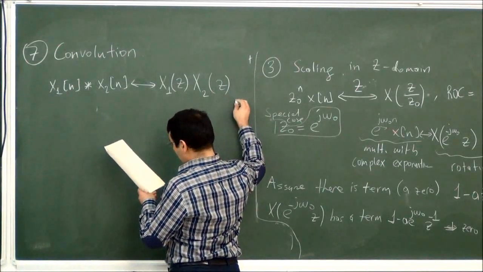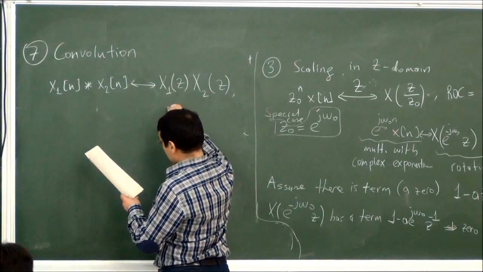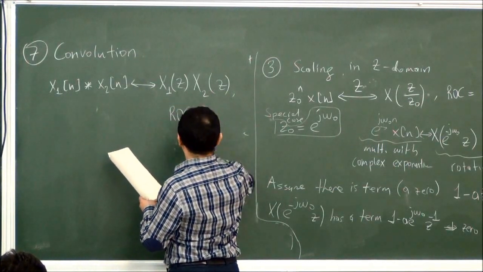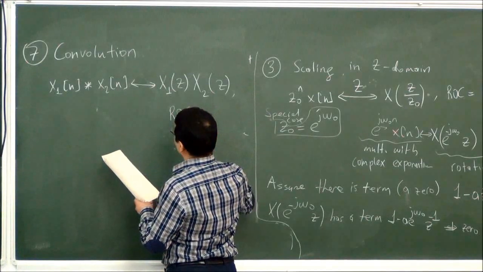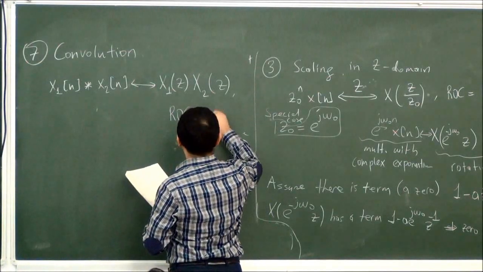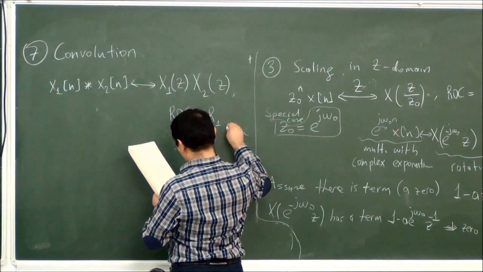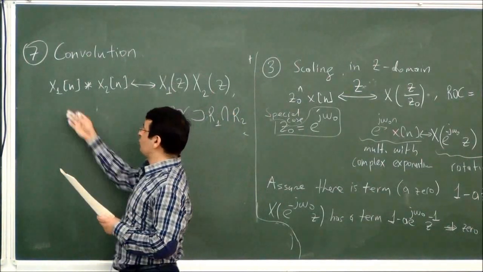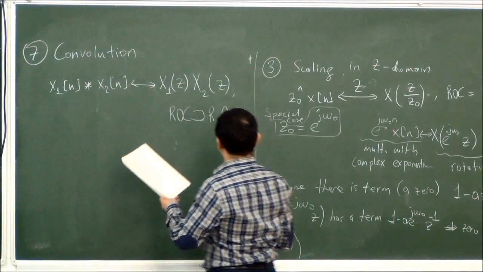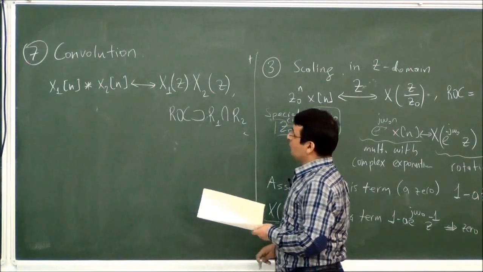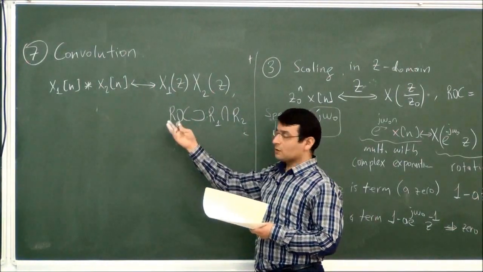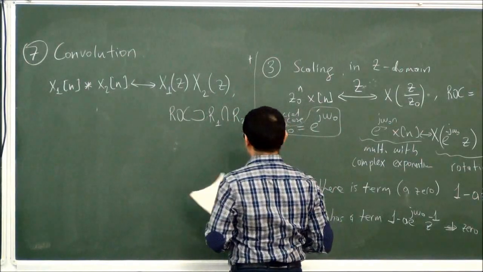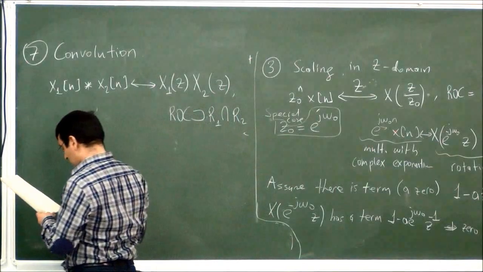What about the region of convergence in this case? The region of convergence is the intersection of the regions of convergence of the two sequences, R1 intersection R2. So if you convolve these two signals, you multiply the Z transforms, and the region of convergence is this.